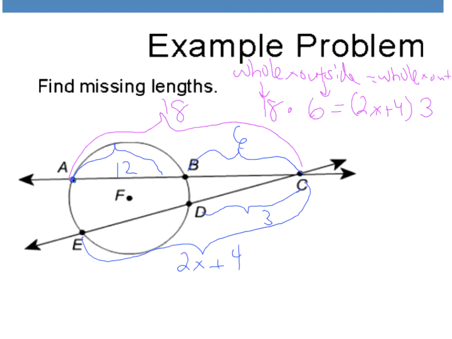So if we work this out, 18 times 6 is 108. And then on the right side, we're going to distribute. Please take a moment and finish solving this one. Get x by yourself. So first you have to find x, and then we'll talk about if you're done or not.